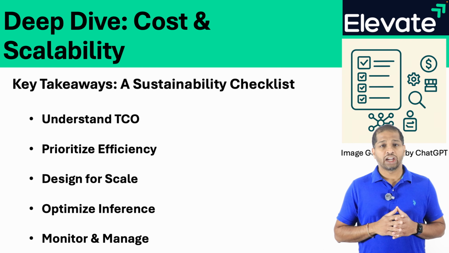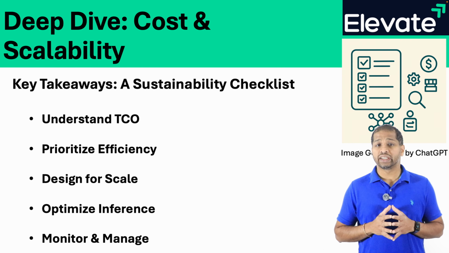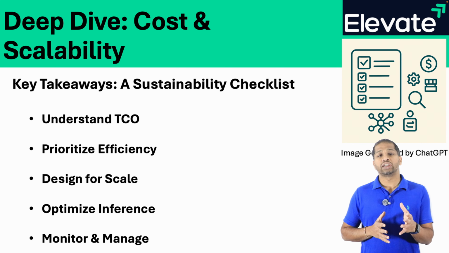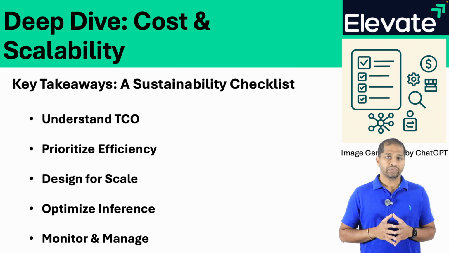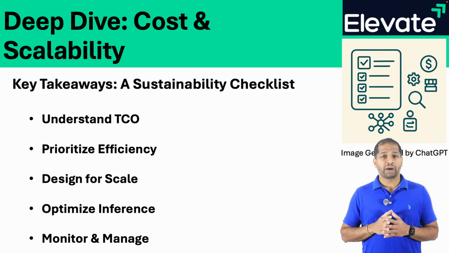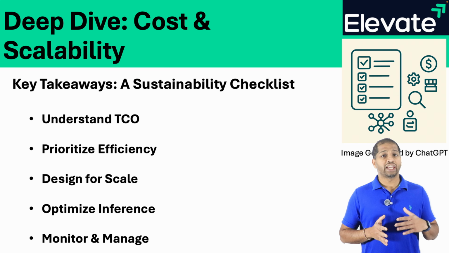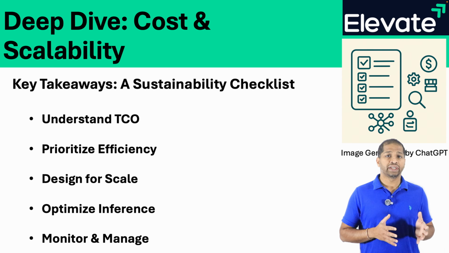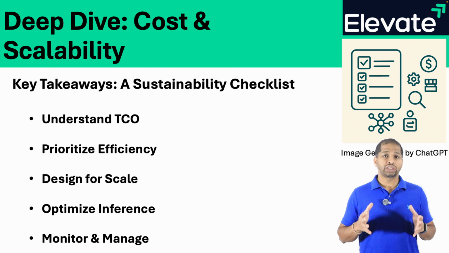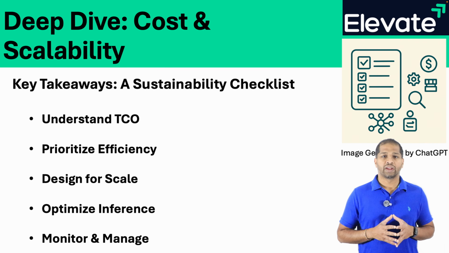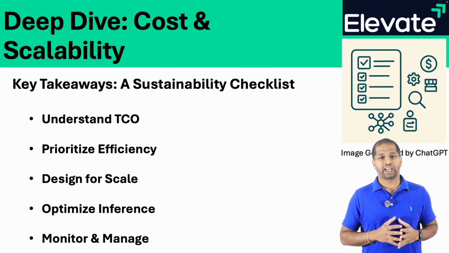Third, design for scale from day one, thinking about how your application will handle growth. Fourth, optimize inference using techniques like quantization, pruning, and batching to get the most out of your resources. And finally, monitor and manage your usage and costs continuously to ensure long-term sustainability.